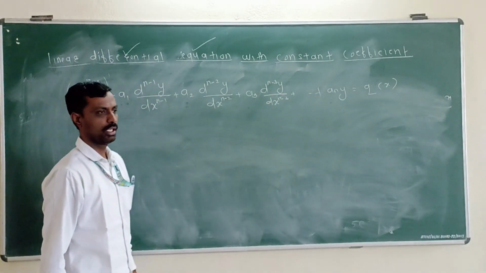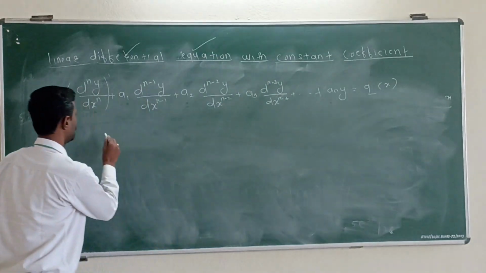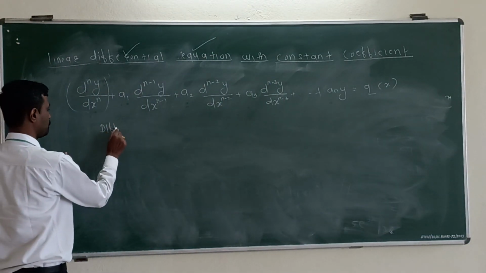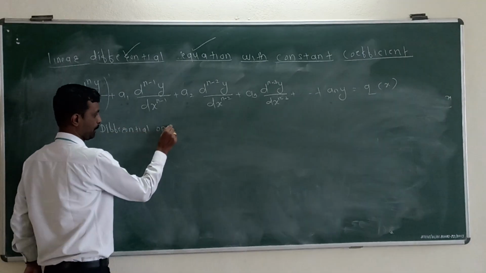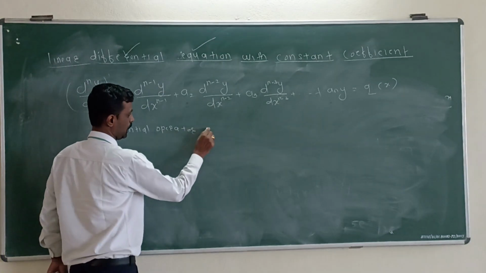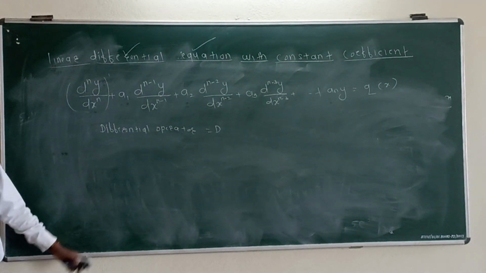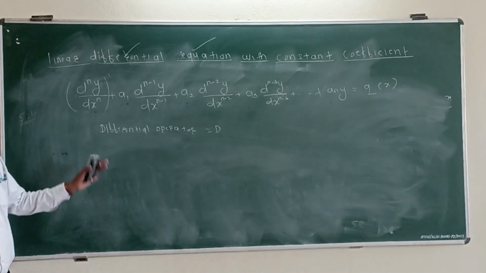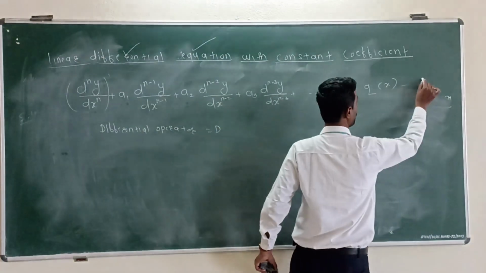Now, for every differential equation there is one operator that is called the differential operator, denoted by D. We will apply the differential operator to this equation, which we call equation number 1.